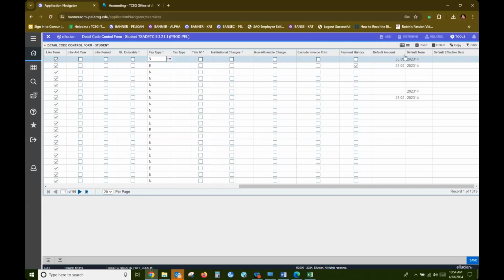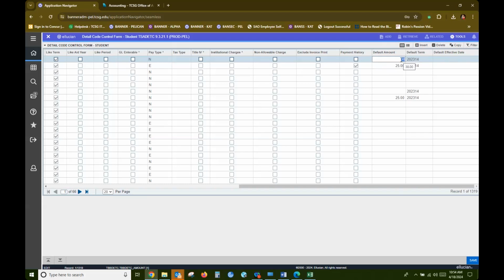You have to go in and you have to update these because they don't change depending on the term and depending on the amount. If your amount for your activity fee, I'm thinking this is the activity fee, changes from $38 to $70, then you have to go in here and update that.